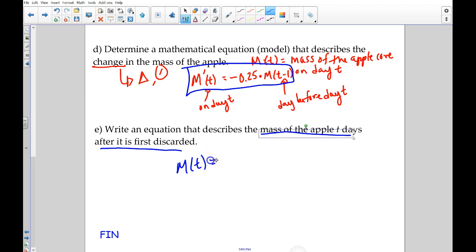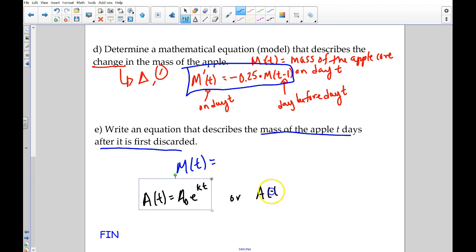So what we have to do is, a basic exponential model is either of the form a of t equals a naught e to the kt, or one that's even more broad is a of t equals a naught times b to the t.